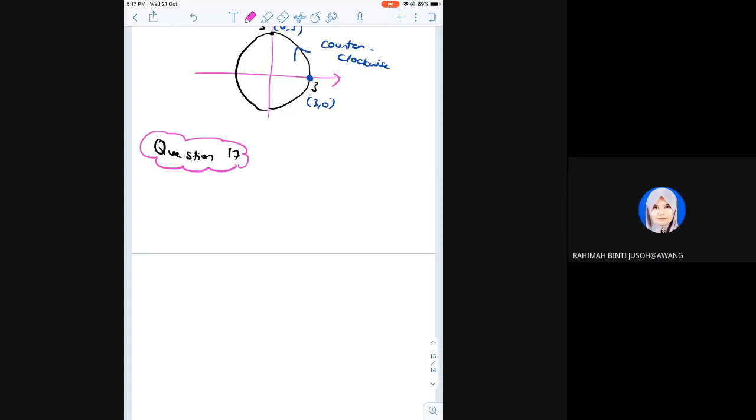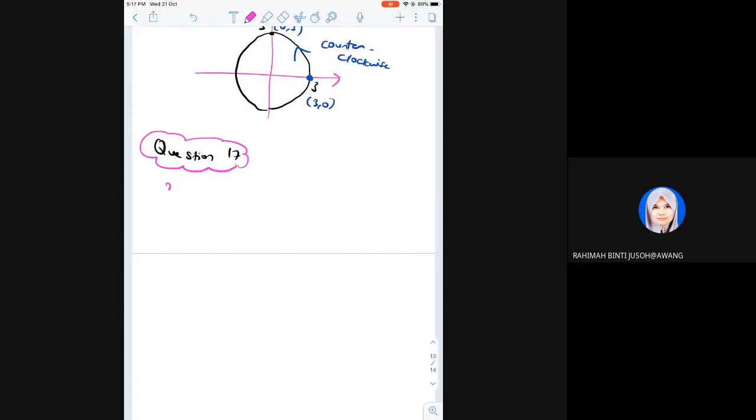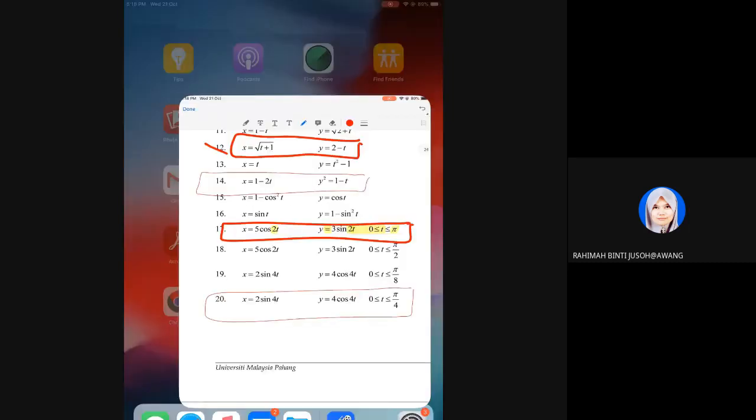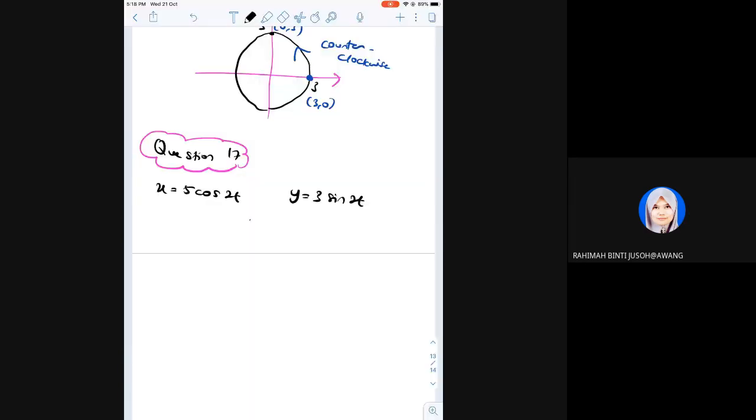Dia adalah X equals to 5 cos 2t, y equals to 3 sin 2t. And then dia bagi interval 0 sampai pi. T is from 0 until pi.